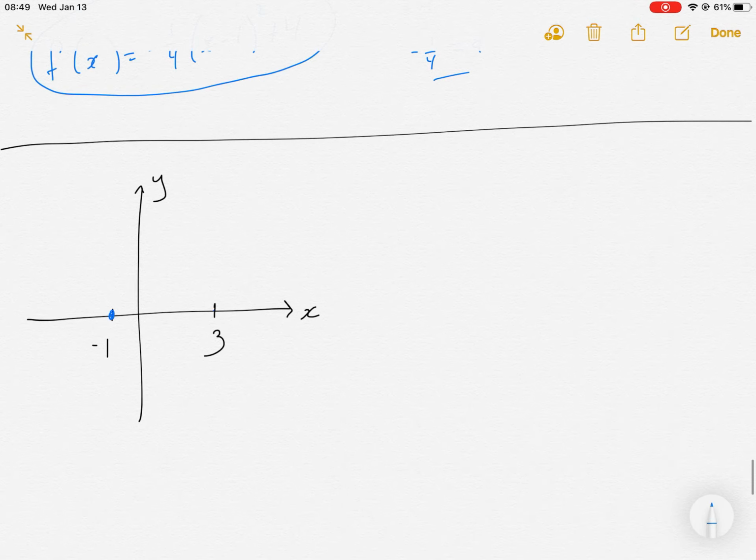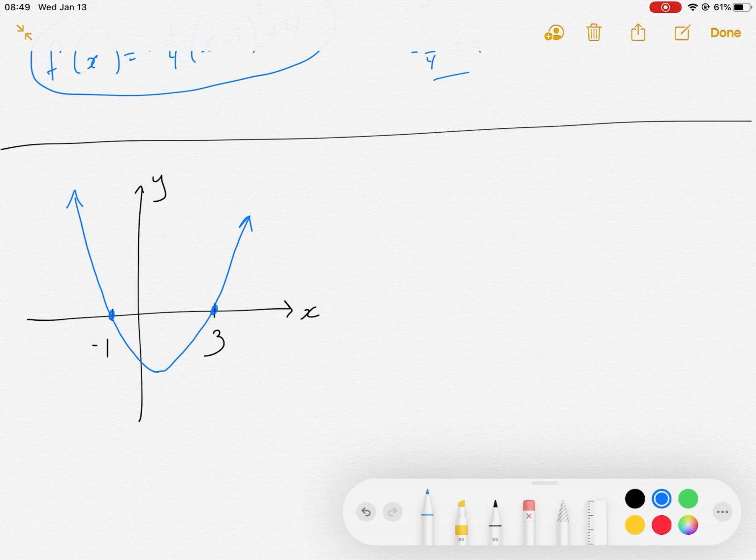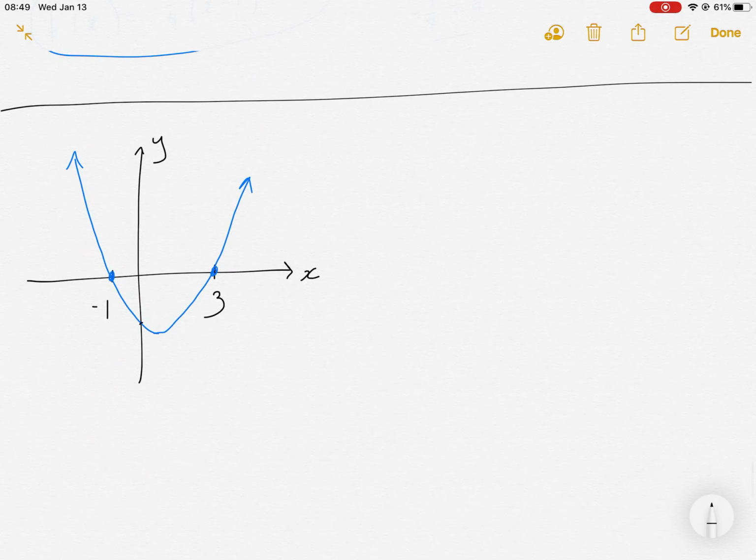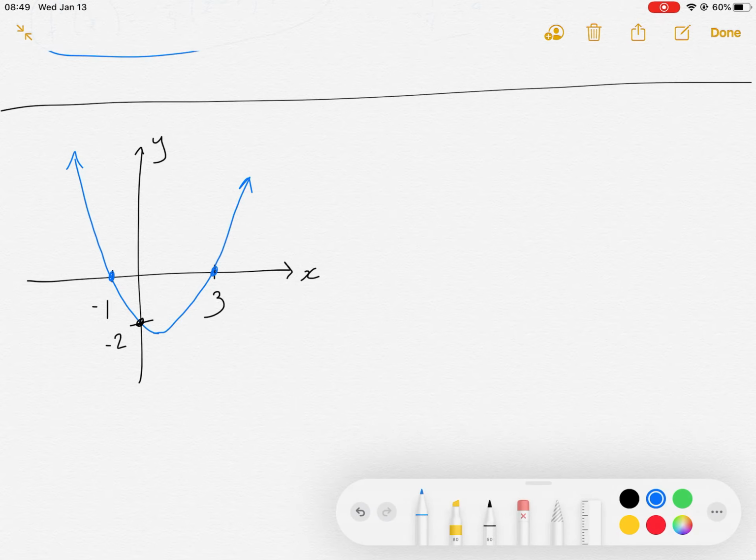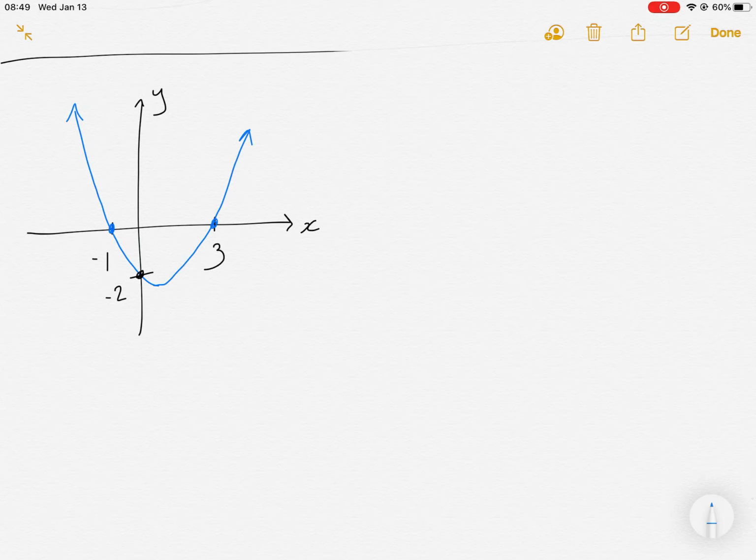Let's go ahead and say these are the x-intercepts. Looks like this. And let's say this is at negative 2. All right, so you have the points negative 1, 0, 3, 0, and then also 0, negative 2.